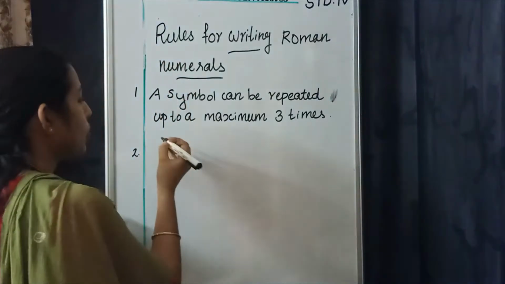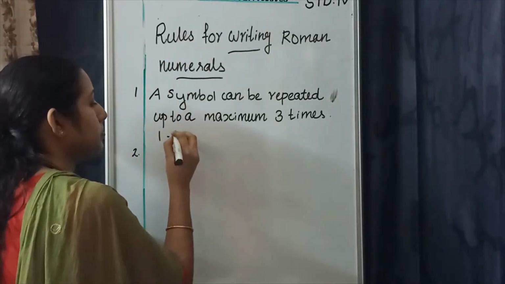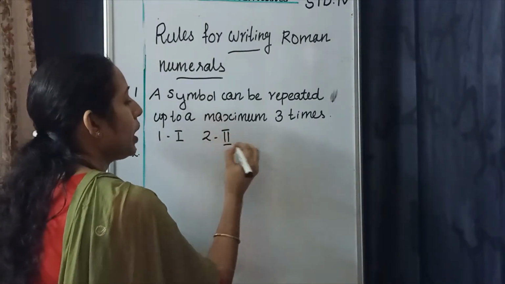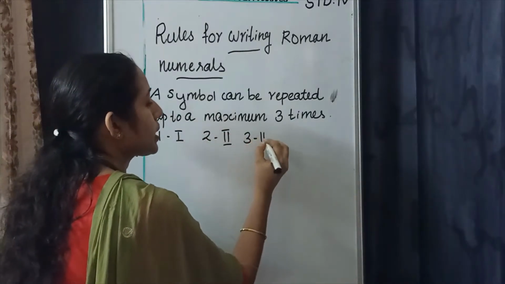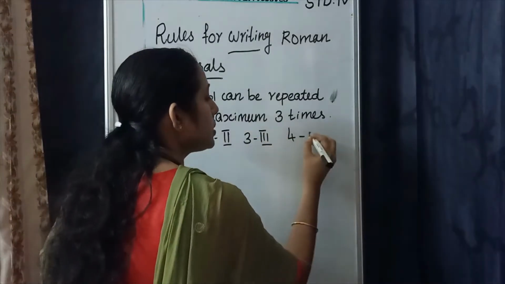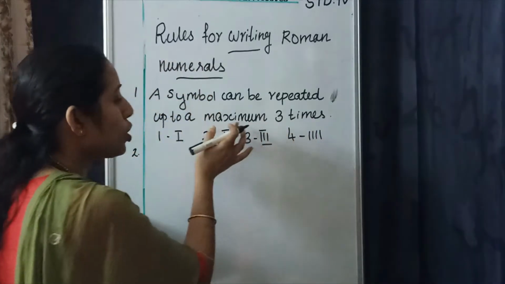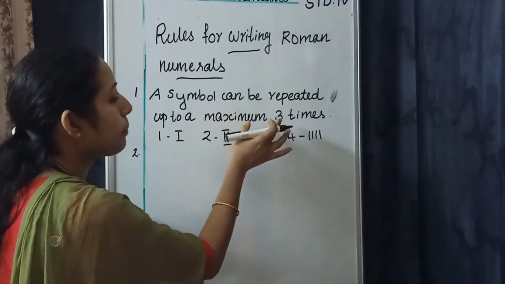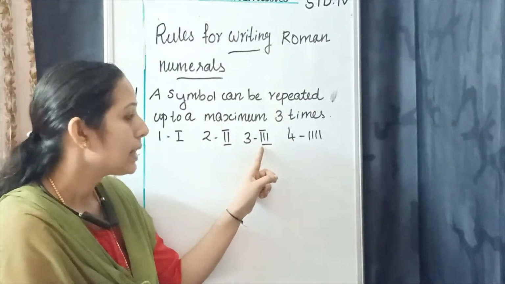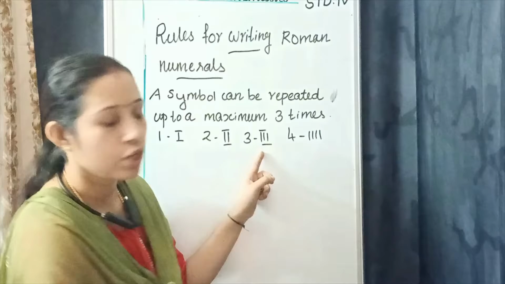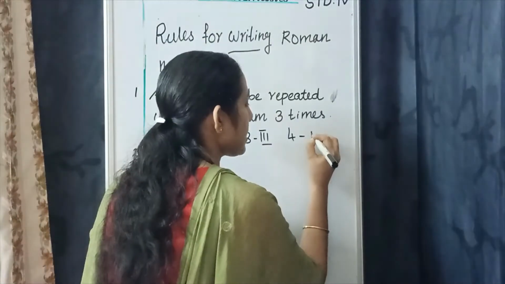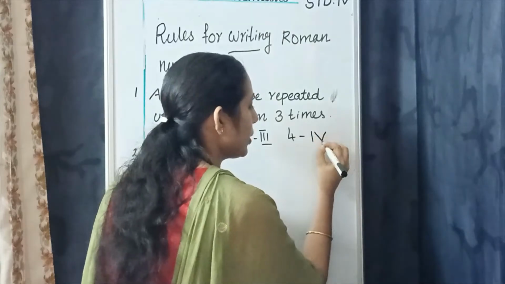For example, to write 1 we use I. To write 2, II, and to write 3 they use III. But to write 4, can we write IIII? No. Why? Because a symbol can be repeated a maximum of 3 times. To write 3, they used the same symbol 3 times. So to write 4, they used this symbol, that is IV.